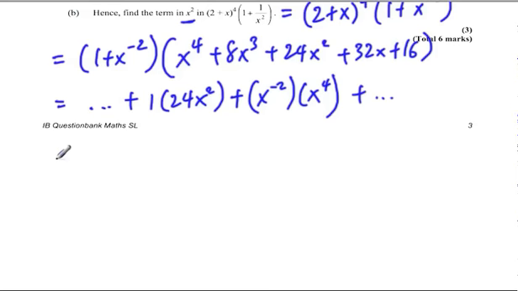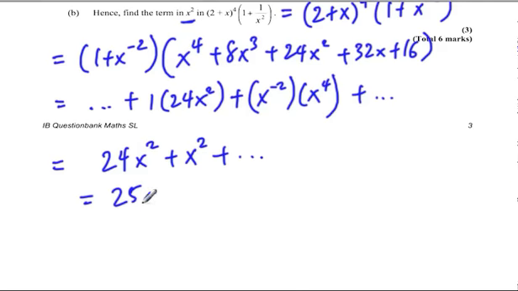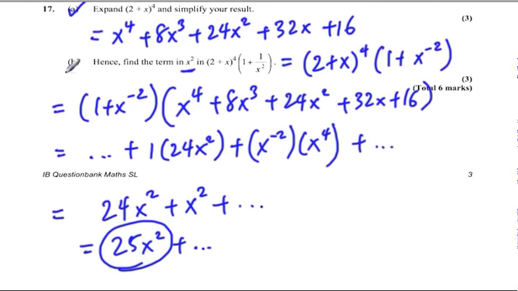So basically what we'll get is 24x squared plus x squared plus dot, dot, dot, and we end up with 25x squared plus dot, dot, dot. So the only term we're concerned about is the 25x squared. Let me circle the whole thing. The 25x squared is our solution for number 17b.